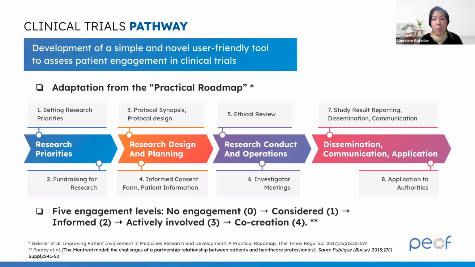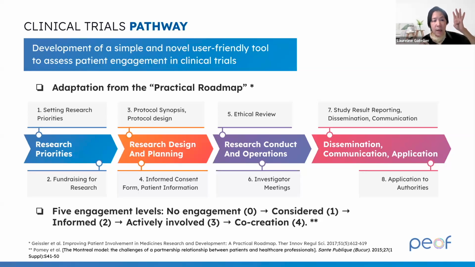The next step is when the research priorities are well thought out and defined, then we go into setting the protocol design, so research design and planning, and then research conduct and operation, and then the last arrow is dissemination, communication, application. You can see in each of the arrows, we selected 2 specific points where we ask the principal investigator whether they put patient engagement, and if yes, at which level.